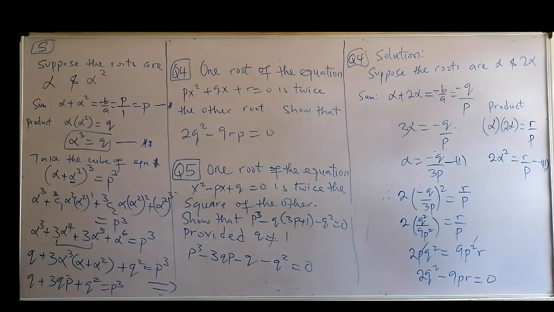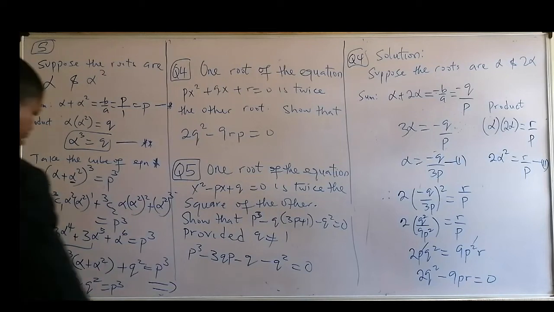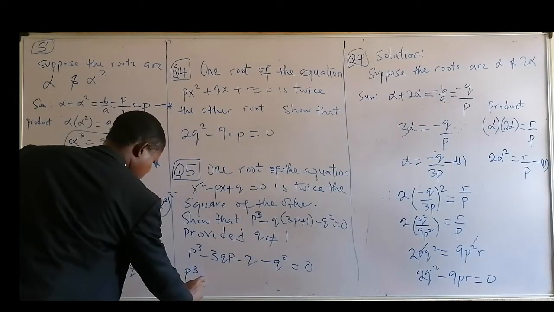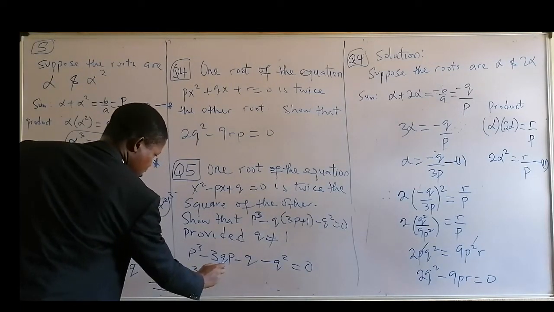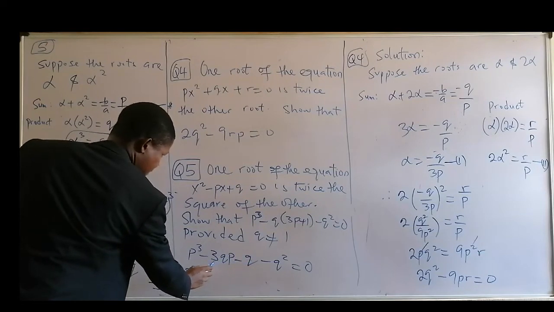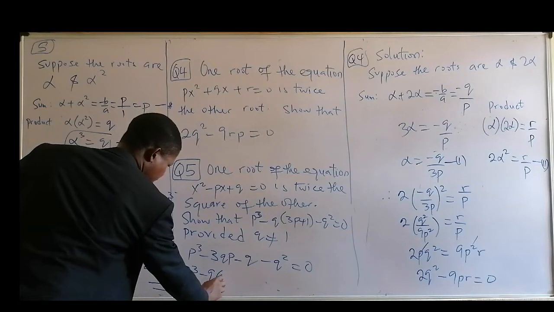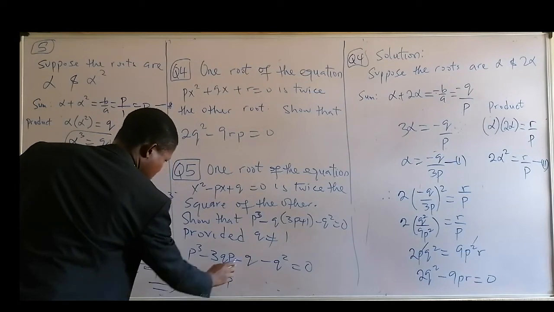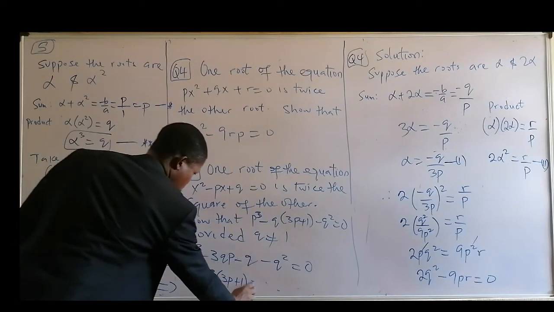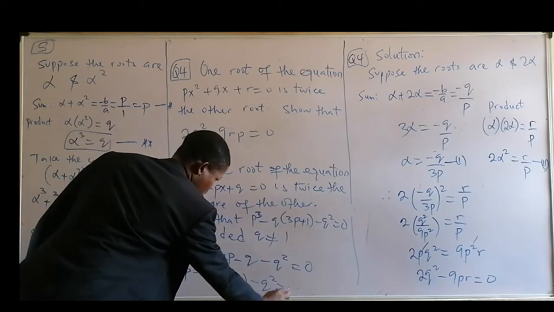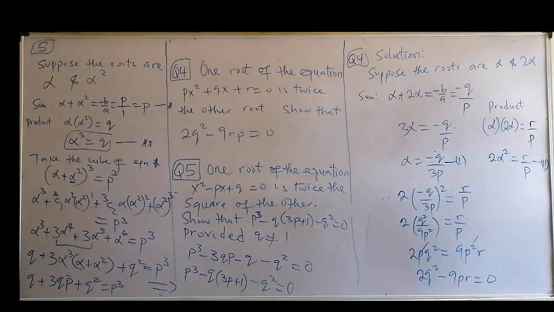So finally p cubed minus, take q out, then you have 3p, minus times minus, that's plus 1, minus q squared equal to 0. So that's just that, and that has been proved. We've shown that that's been proved.